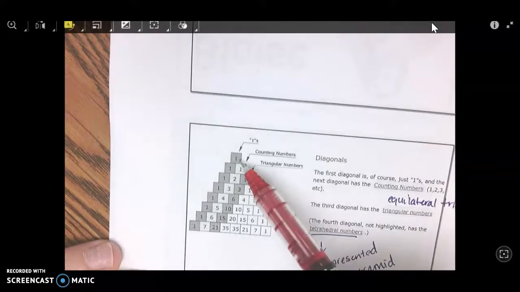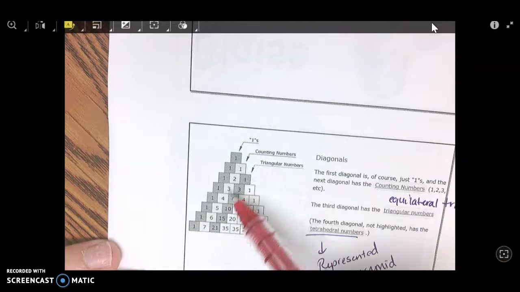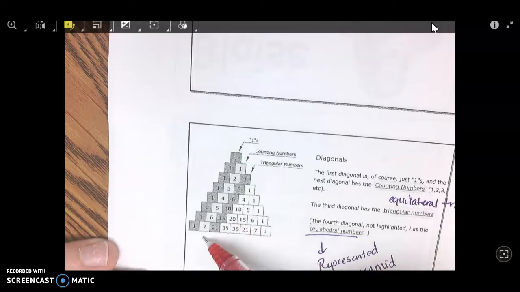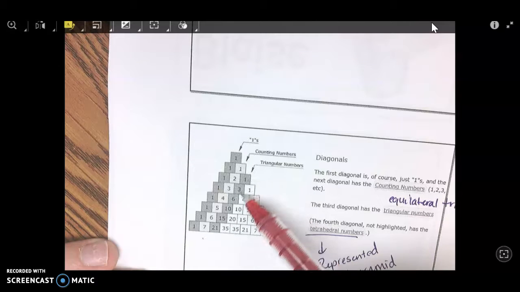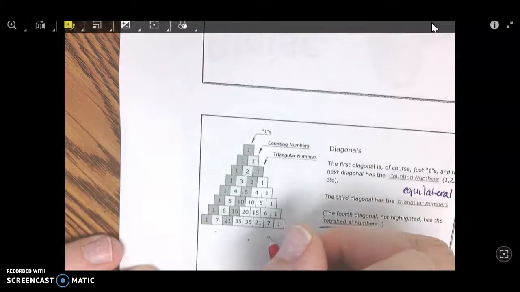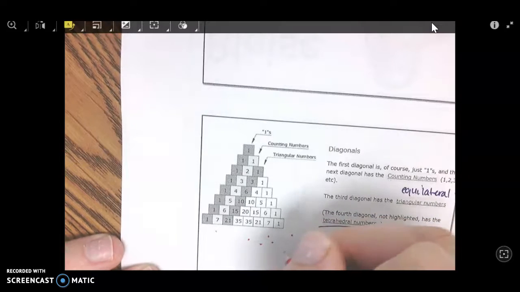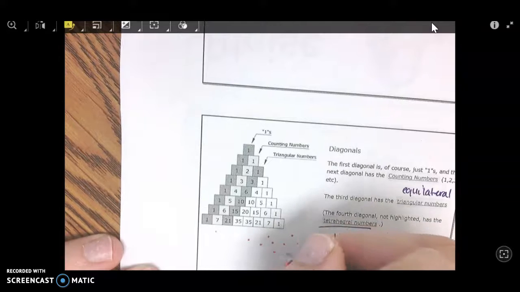Well, some of the patterns you might notice: these are all 1s. These diagonals on the outside are all 1s. This row right here, these are your counting numbers. Okay, these are triangular numbers. That means they make a triangle. 1, 2, 3. That makes a triangle. 1, 2, 3, 4, 5, 6.